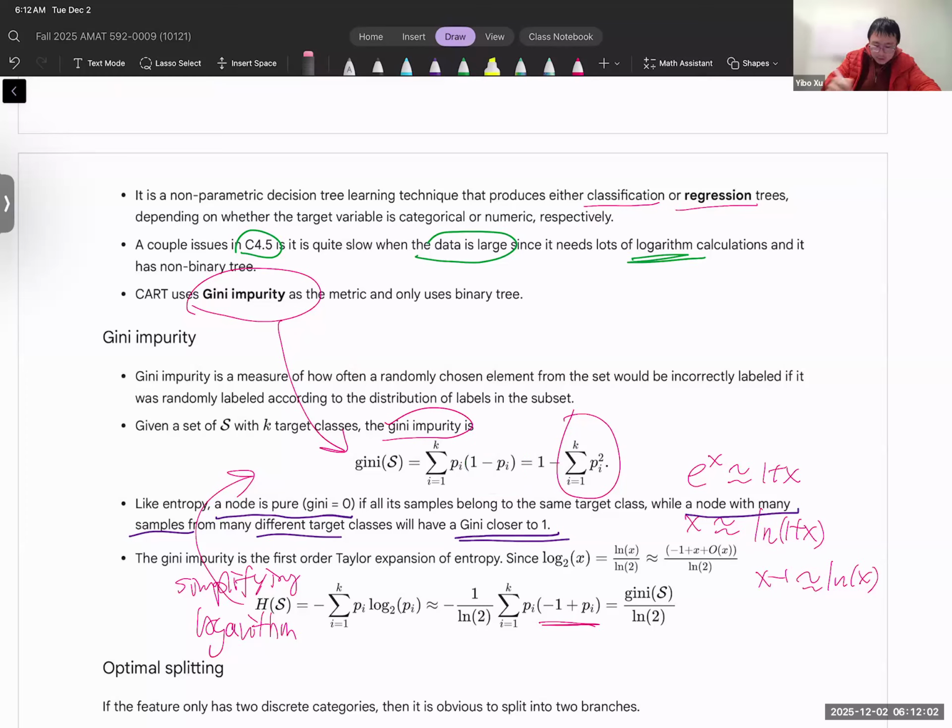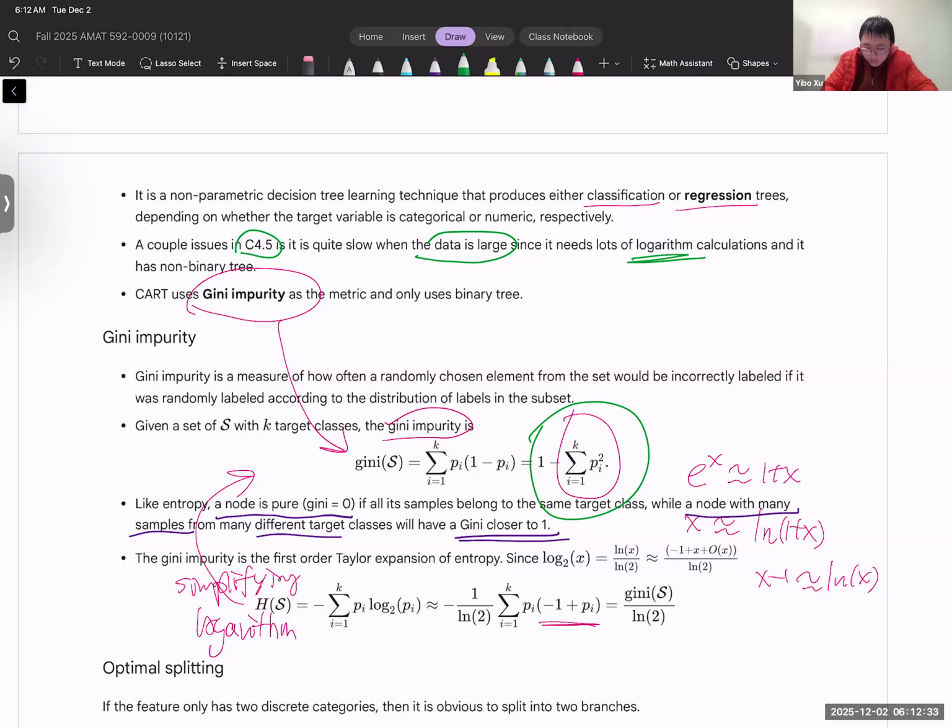Still, the Gini impurity is efficient to compute, and it also penalizes. It gives a large value if you are impure. Each p_i is the population of that particular class, in terms of ratio, so the sum of the p_i is always going to be one.